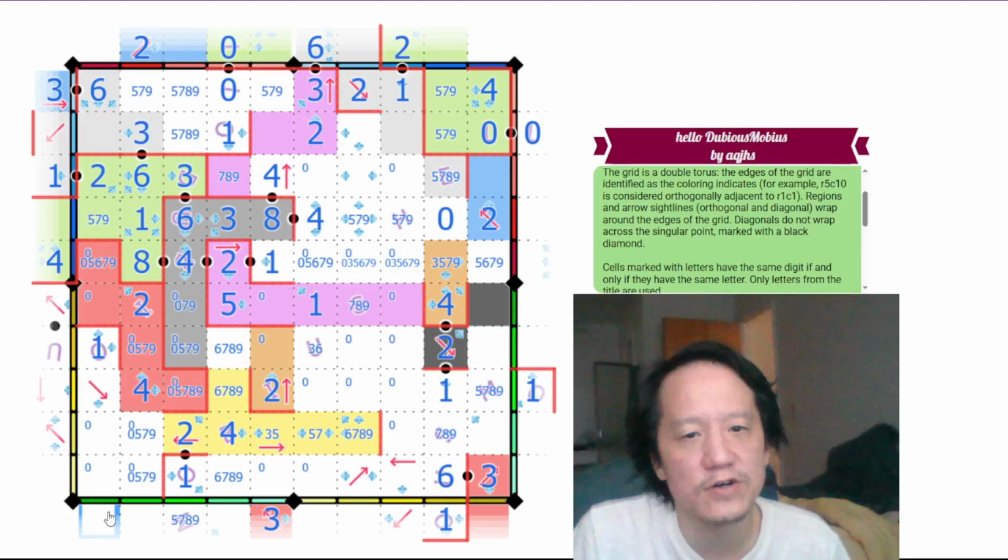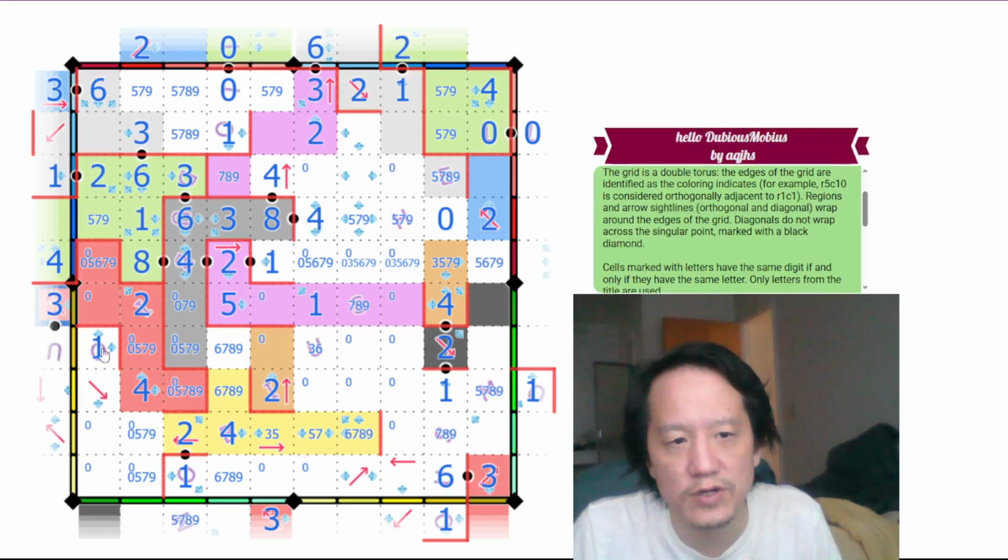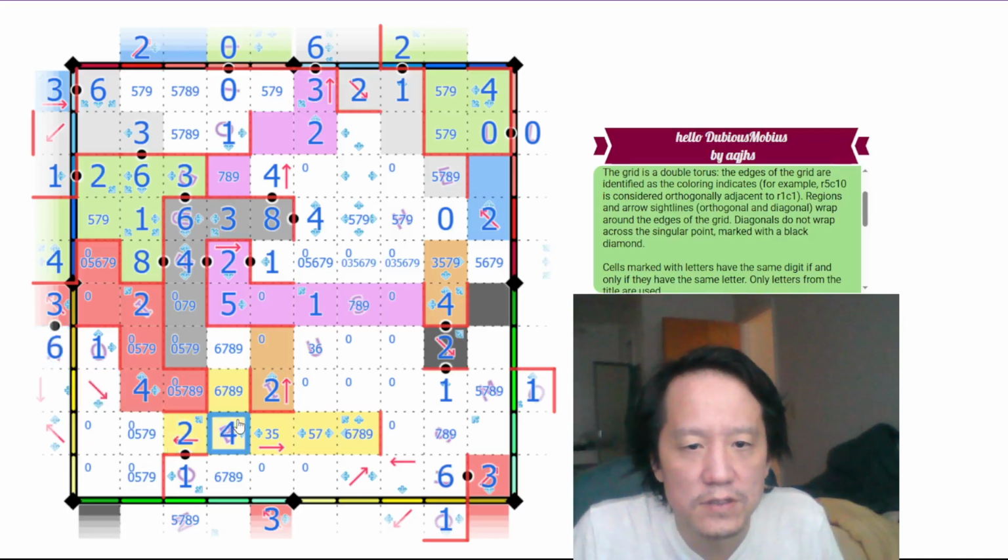So this is dark, which means this is dark. This is red. This is red, so this is a 3, and this is 6. This is matching that, so it's 2.